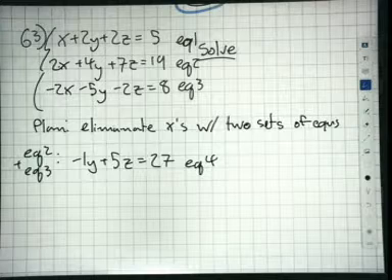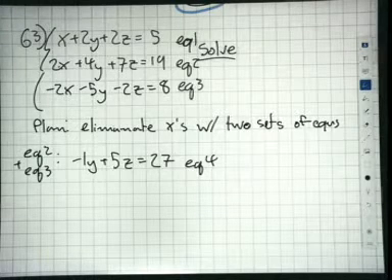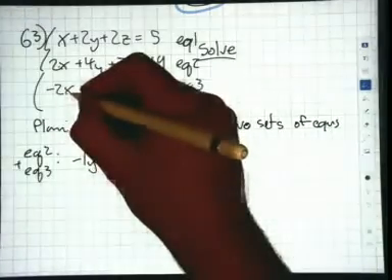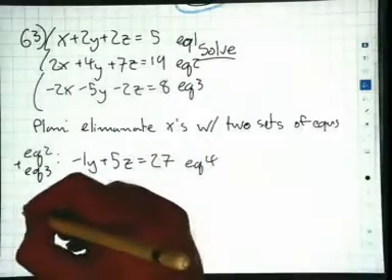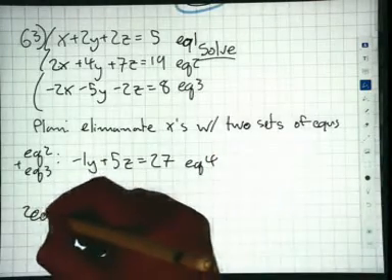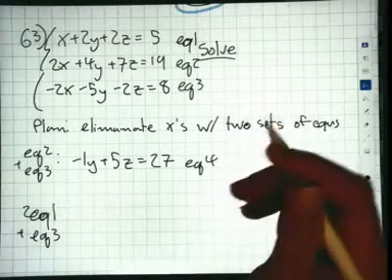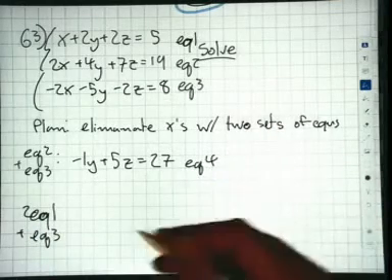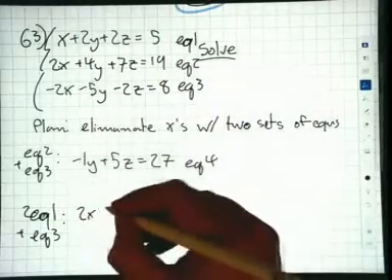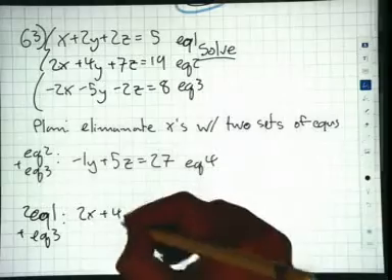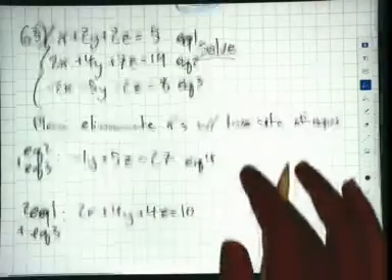Now, I want to make my x's go away with two other sets of equations. And I'm going to use this negative 2x to my advantage, and I'm going to use this 1x to my advantage. So I'm going to take 2 times equation 1 and add it to equation 3. 2 times equation 1 is going to be 2x plus 4y plus 4z is equal to 10.